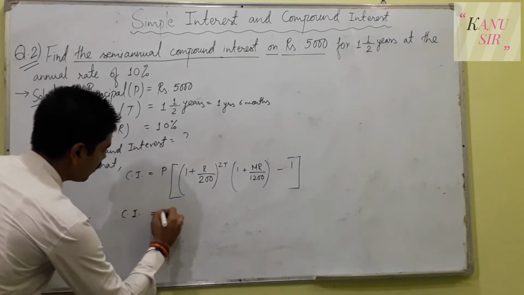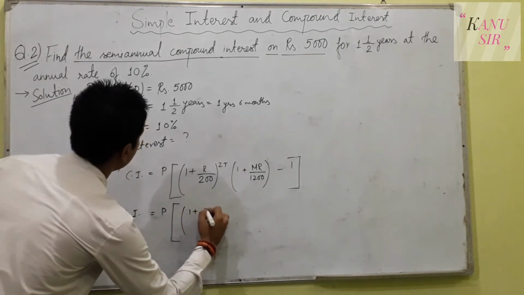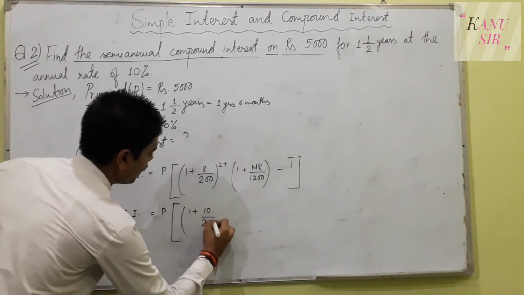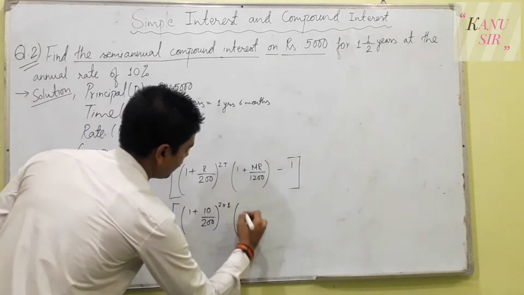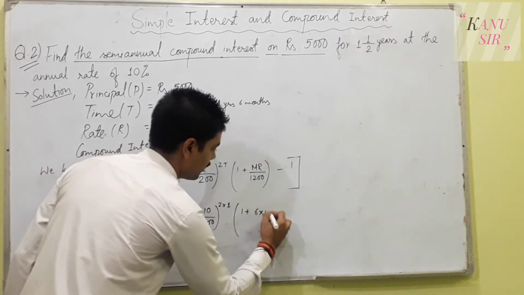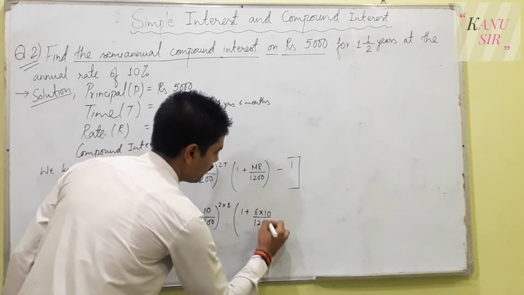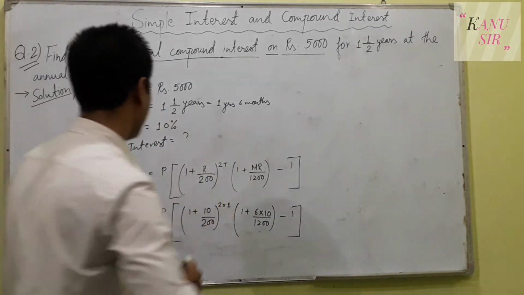So CI is equal to P times (1 plus R, that is 10 upon 200) to the power 2 times 1, and (1 plus 6 months into rate 10 by 1200) to the power, minus 1, whole bracket minus 1.